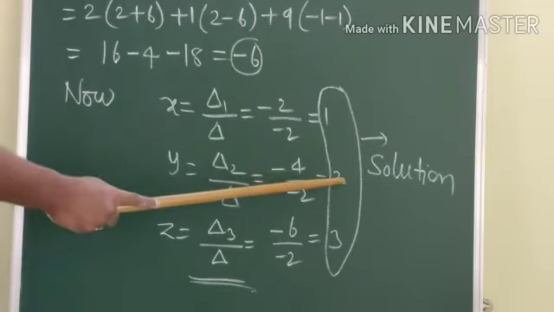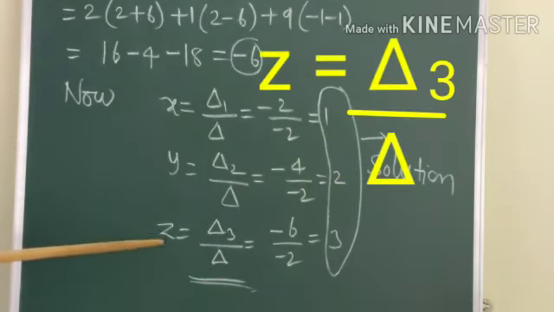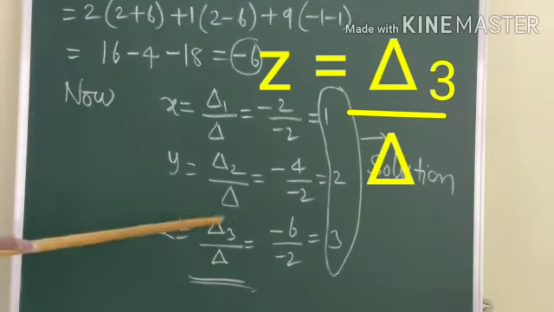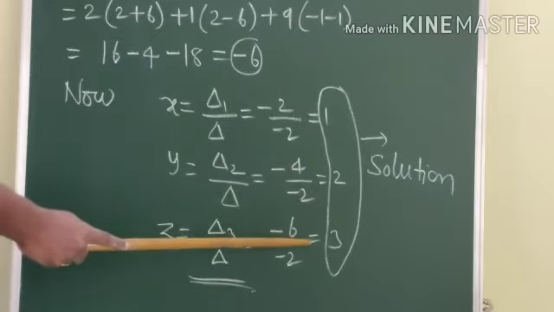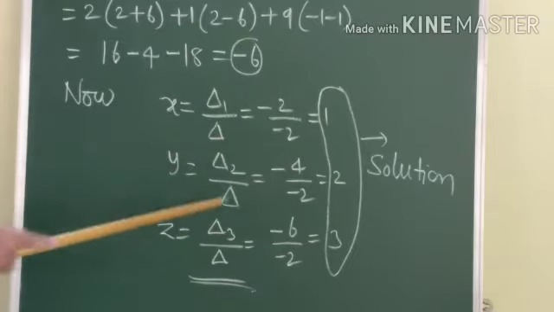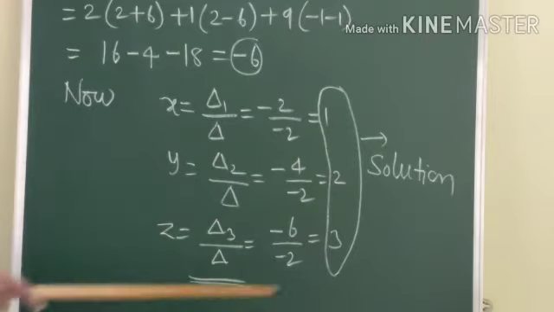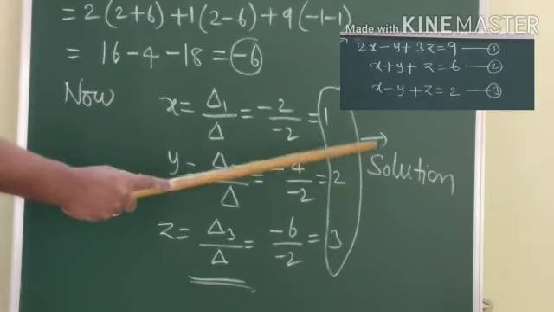That is equal to 2, so the y value is 2. And finally, z is equal to delta 3 by delta. The delta 3 value is minus 6, the delta value is minus 2. That is equal to 3. Here x value 1, y value 2, z value 3 is the solution for the given non-homogeneous linear equations.